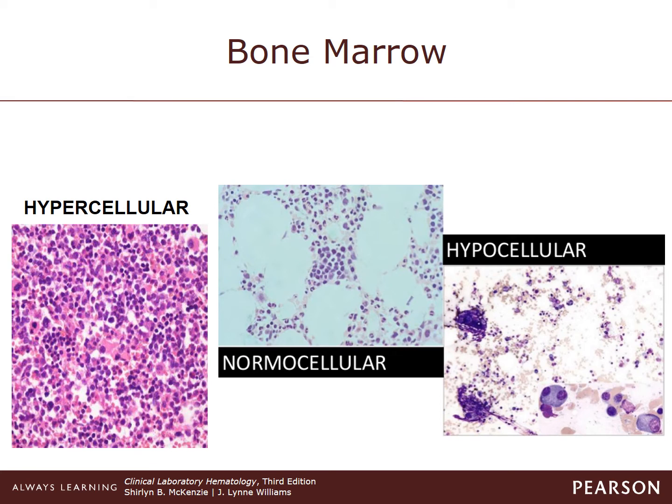So here we have bone marrows. In other causes of pancytopenia, the bone marrow itself will either be normal cellular or hypercellular. In causes of aplastic anemia from hypoproliferative disorders, the bone marrow itself will be hypocellular.